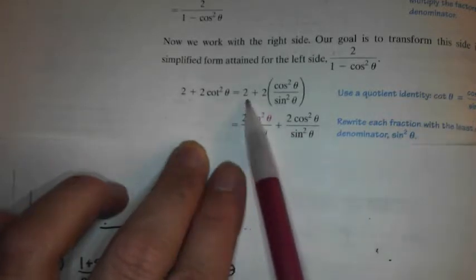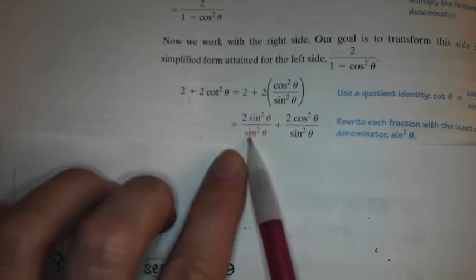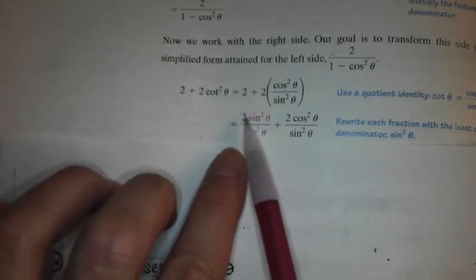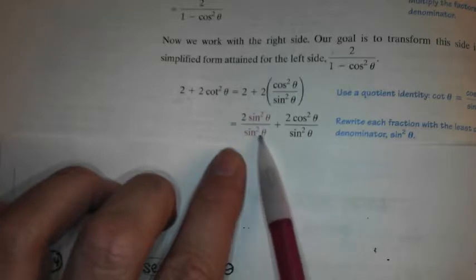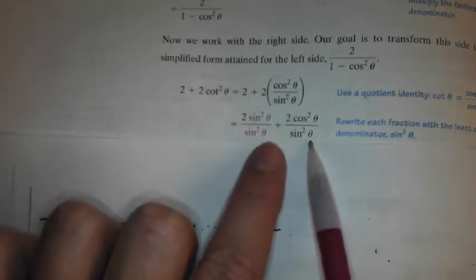Then they got a common denominator, so they put this over 1, and then they make the denominator sine squared, and they give the top a sine squared, so this 2 becomes 2 sine squared over sine squared, plus, they just multiply this 2 through, 2 cosine squared over sine squared.